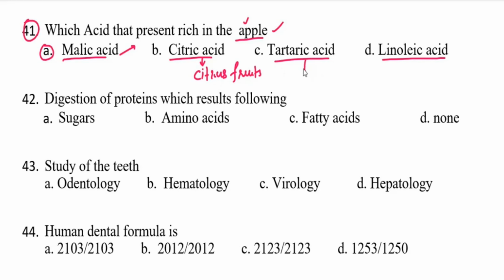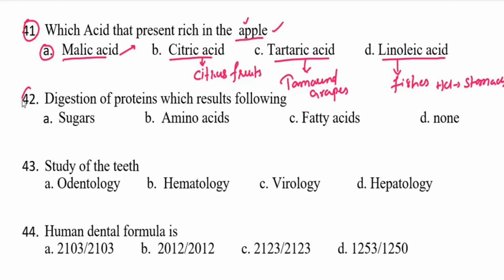Tartaric acid is present in tamarind and grapes. Linoleic acid is present in fishes. In previous classes I discussed HCl, hydrochloric acid, which is present in the stomach of human beings. Hope you understood these options, the explanation and the correct answer for this question.